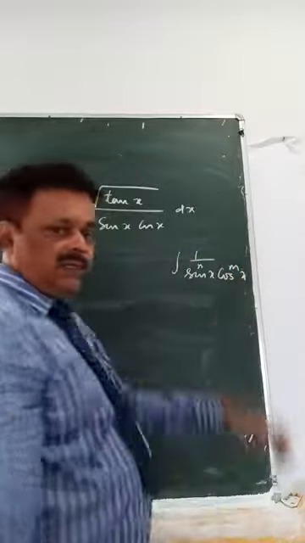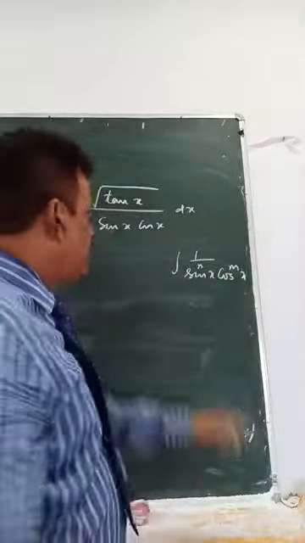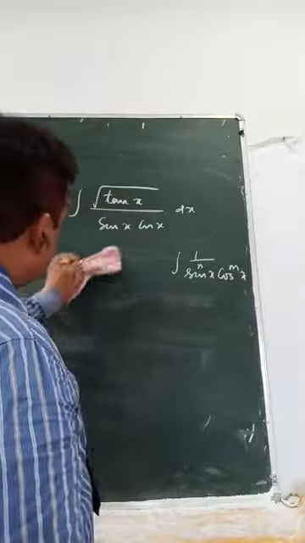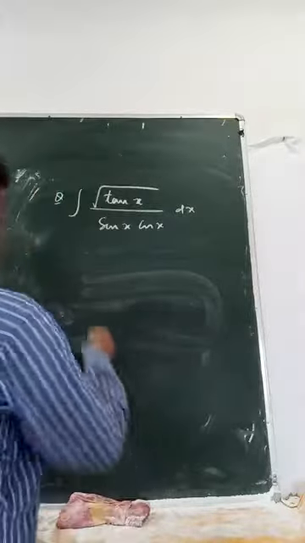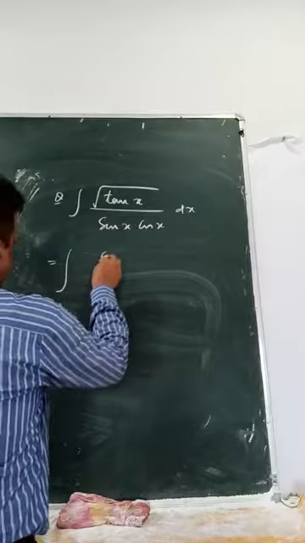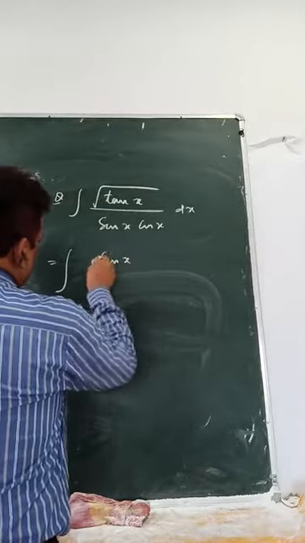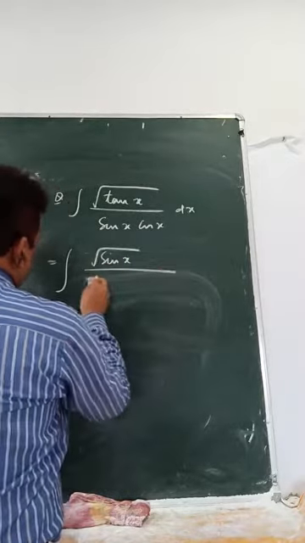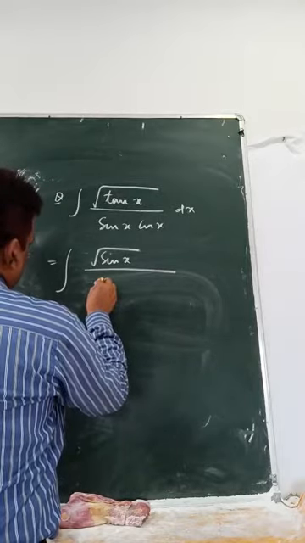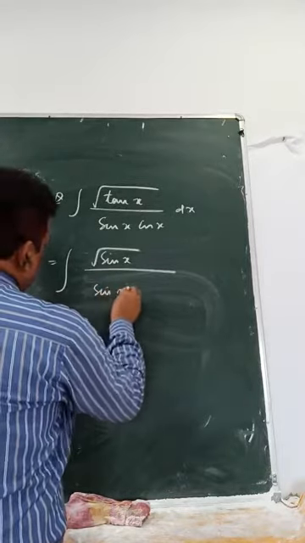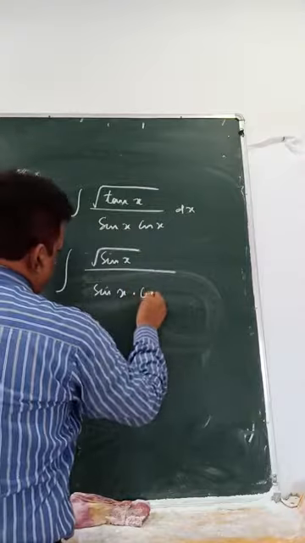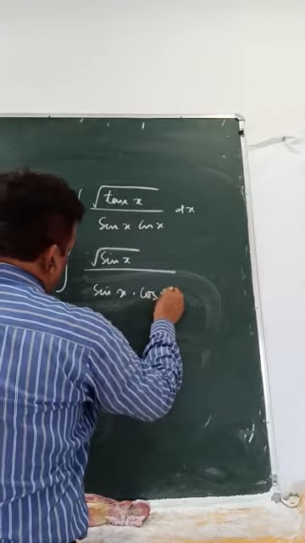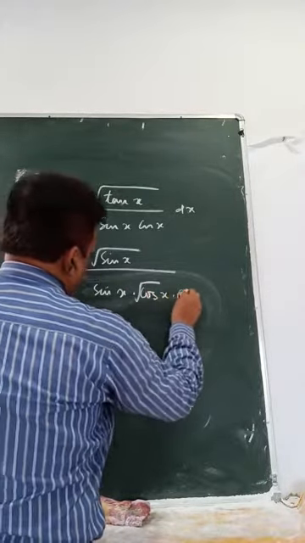Here there is not even a 1. So let me split it as sin and cos. That will be root sin x by sin x, and I write its cos part here, root cos x by cos x.